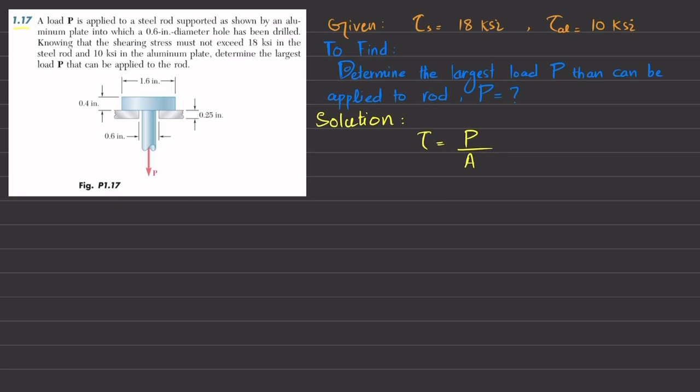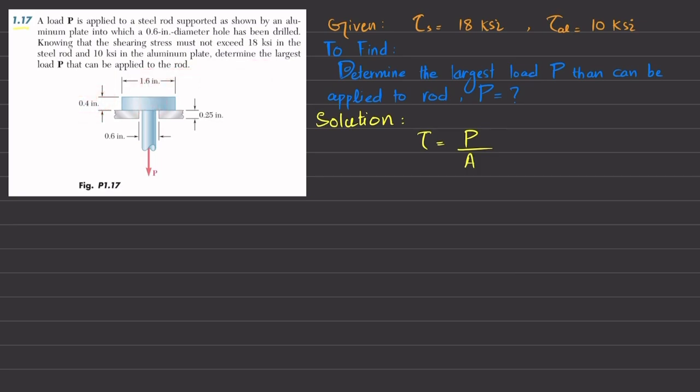So for this steel plate, if you look into it, this P load is applied, so definitely this will be the shearing area. And if I draw it like this, this area will be equal to pi d into t, where thickness is 0.4.